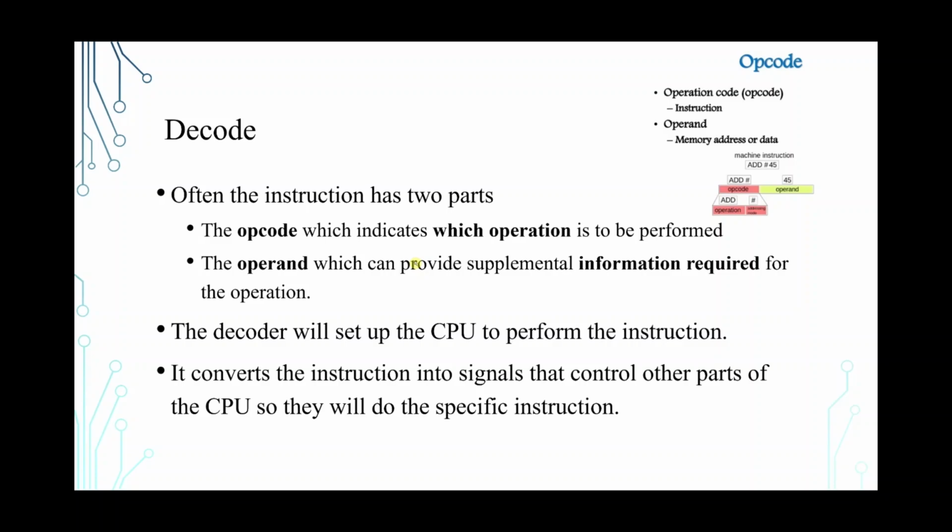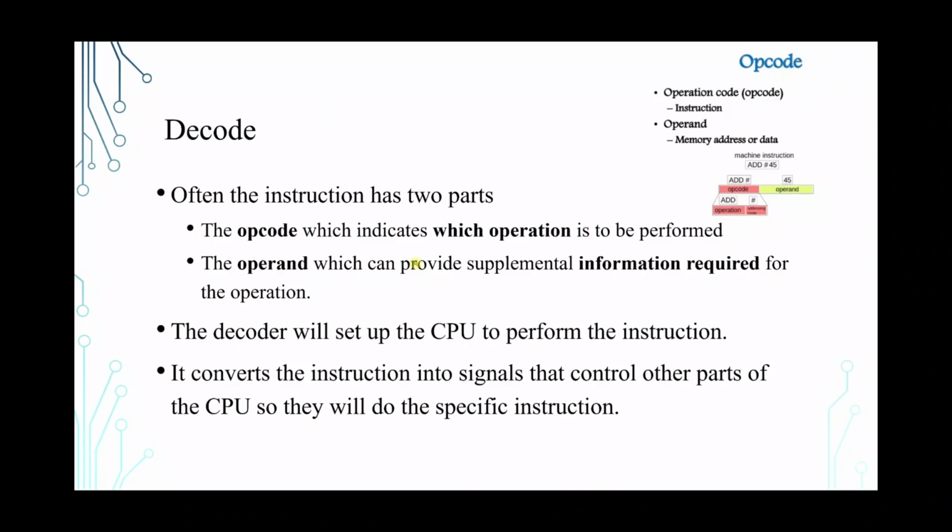The opcode indicates which operation is to be performed: addition, subtraction, multiplication, and so on. The operand can provide supplemental information required for the operation. The decoder will set up the CPU to perform the instruction with the help of the control unit.